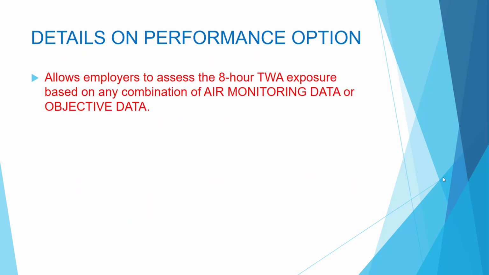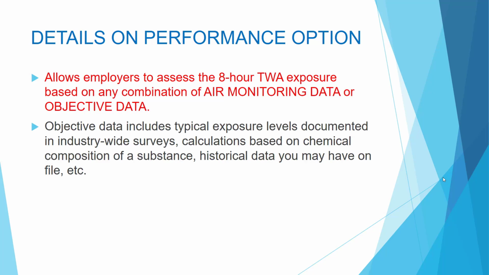So let's first talk about the performance option, which is quite unique for OSHA regulations. This option allows employers to assess workers' silica exposures using any combination of actual air monitoring data or so-called objective data. Objective data includes things like industry-wide surveys that document typical exposure levels.